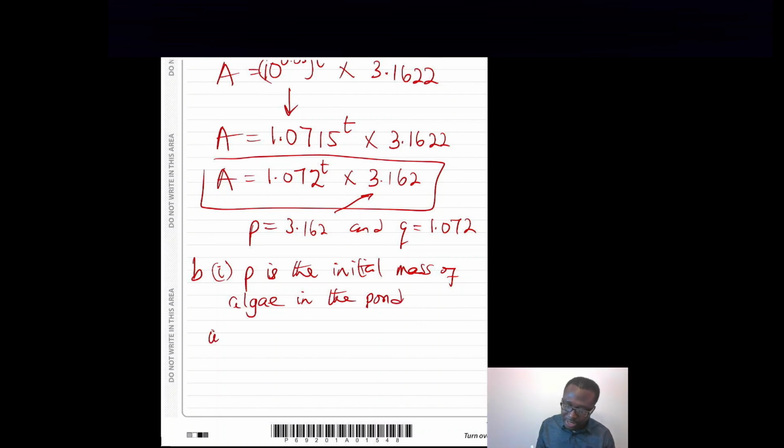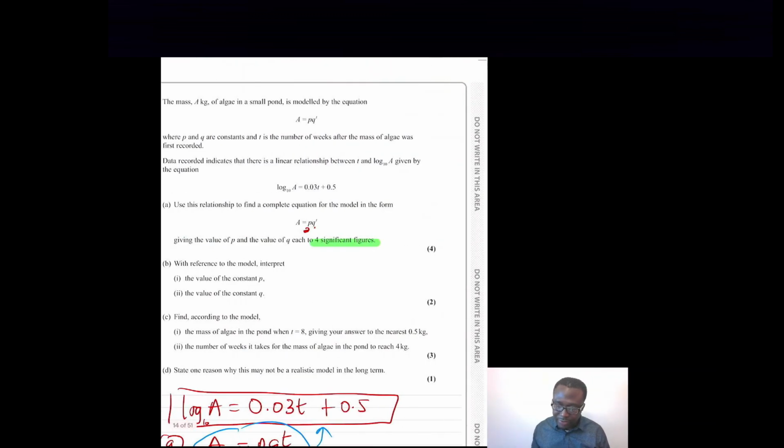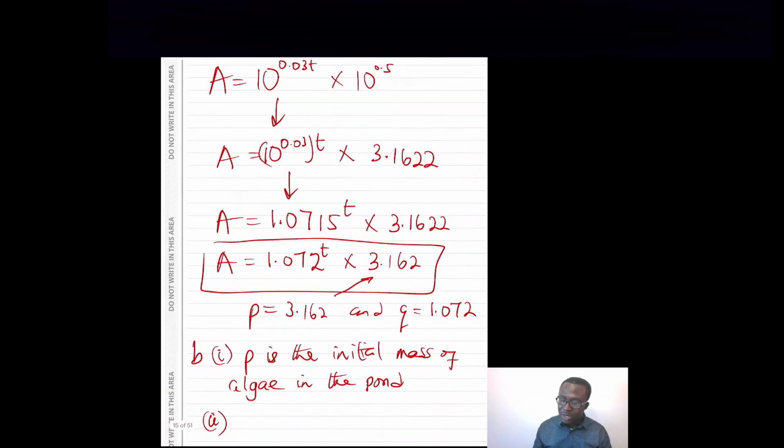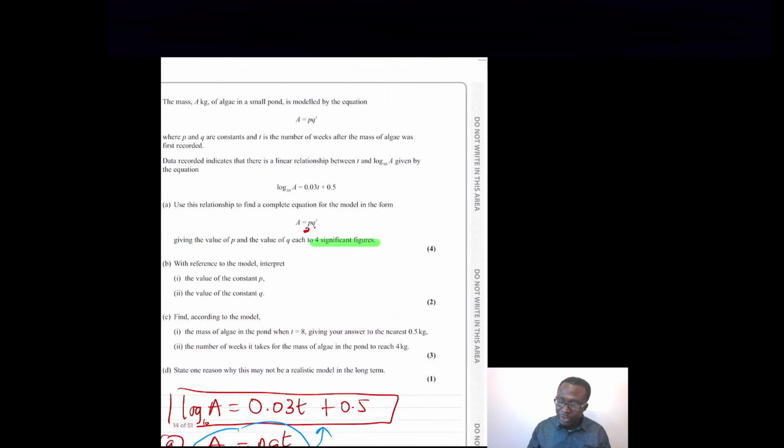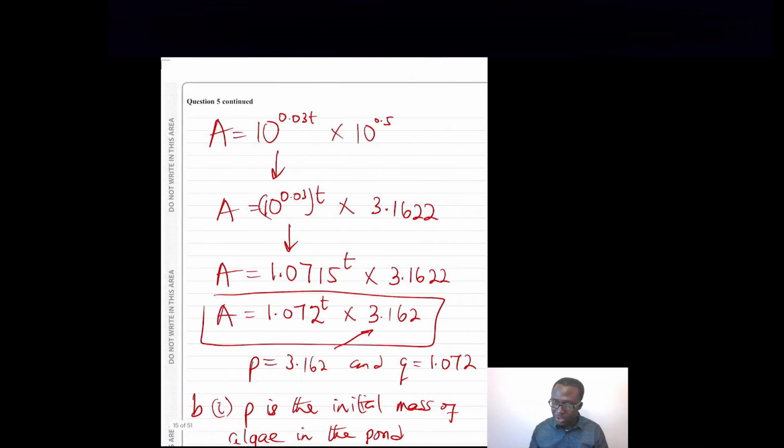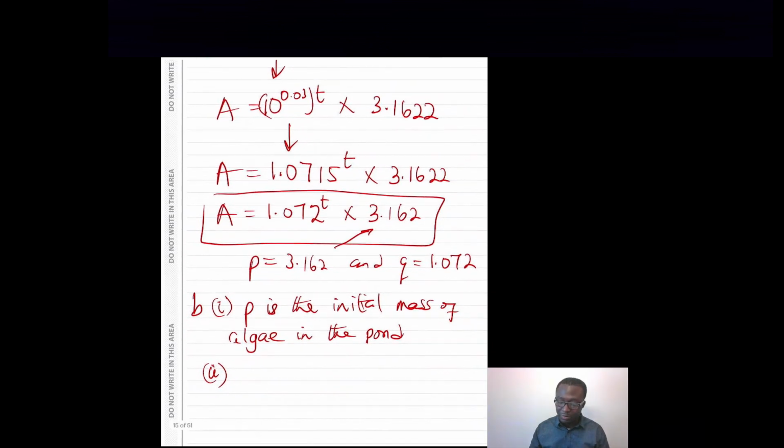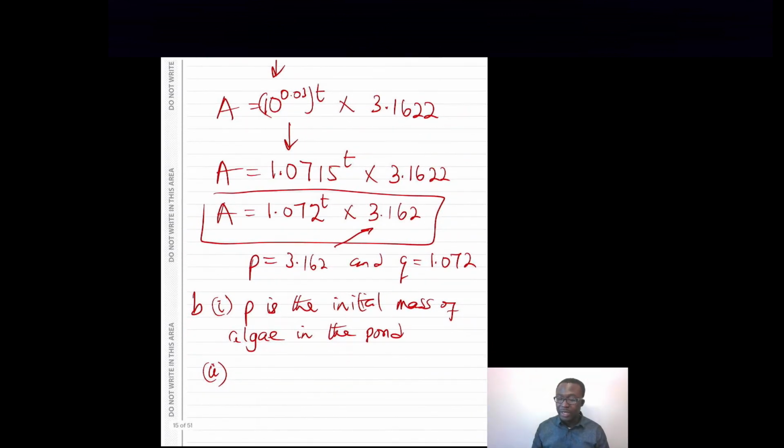Okay, and then we want to look at the value of the constant Q. So if you look at what we had here, Q is always next to our T, if you like. Okay, so this Q is actually our multiplier, if you like, or the rate at which the mass of the algae increases every week.